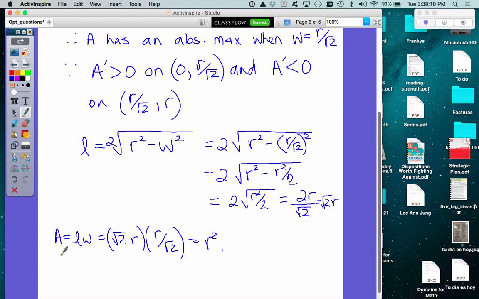So therefore, the maximum area is r squared.